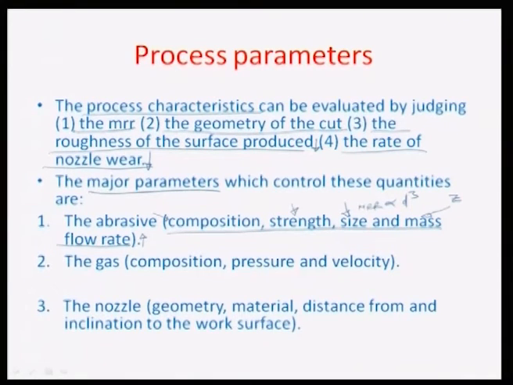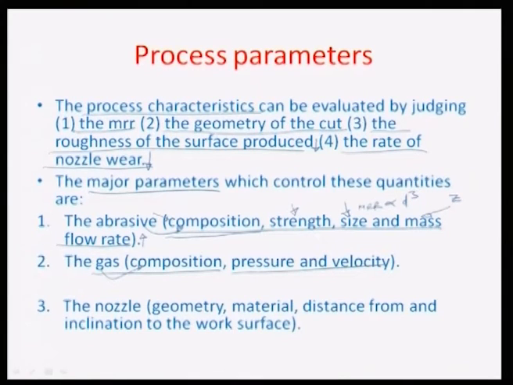The other very important aspect is the composition of the gas, the pressure and the velocity of the gas. So, the composition of the abrasive is important, as we learned from the previous step, and the composition of the gas also is very important, as I just told a little bit ago, because sometimes the gases can be detrimental to the surface in terms of giving its etch characteristics.